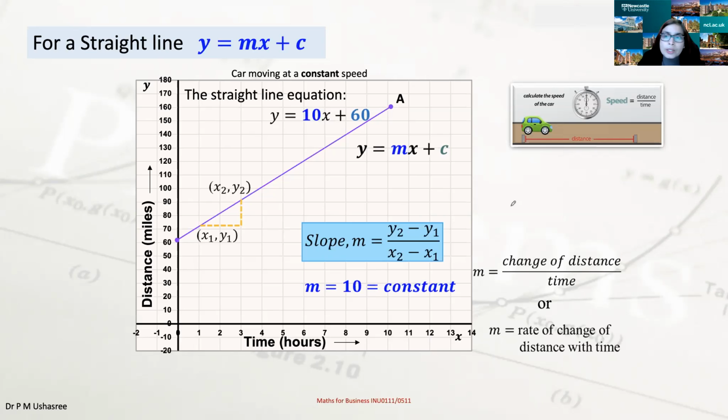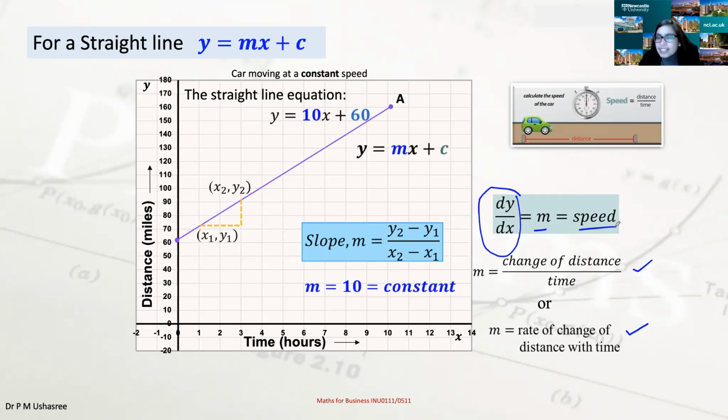So you should be able to interpret this as we have seen it in our week 5. But now we are going to see how to write this gradient for a curve. That's what we haven't seen for a straight line too. So this is the same thing. I can say that dy by dx is equal to m, and that's equal to speed.